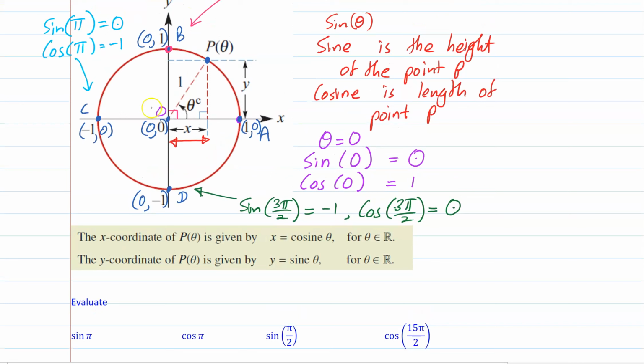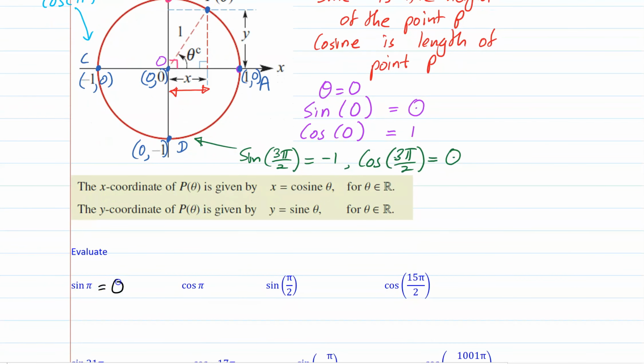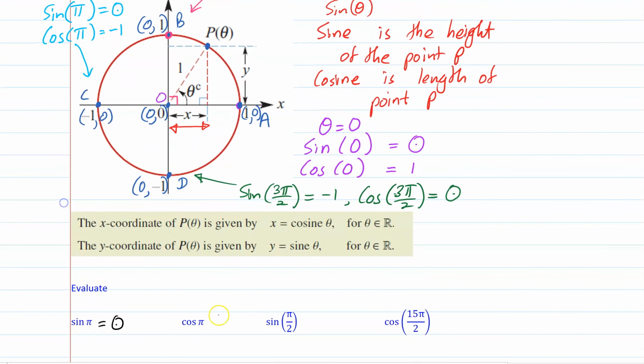Sine pi, the angle when it is pi, all the way down here to the left, we have value 0. So there is no height. Cos pi, well, we looked at that earlier, -1. Sine pi on 2, we looked at, that's point B. 1, height is 1. Cos 15 pi on 2.